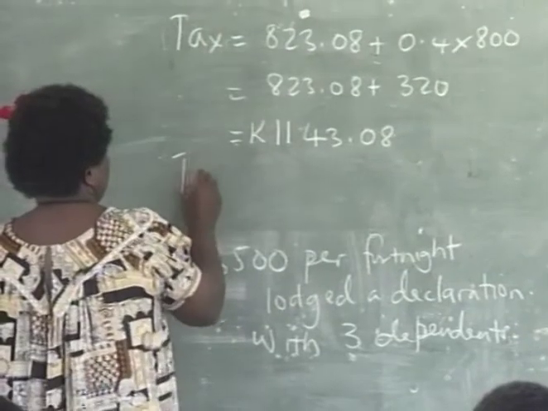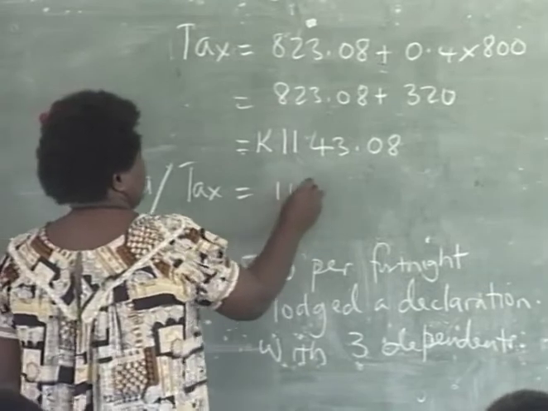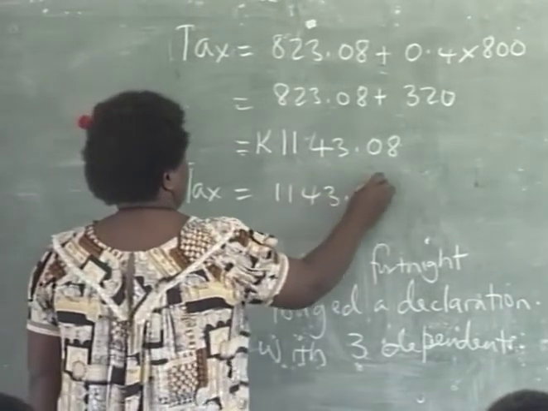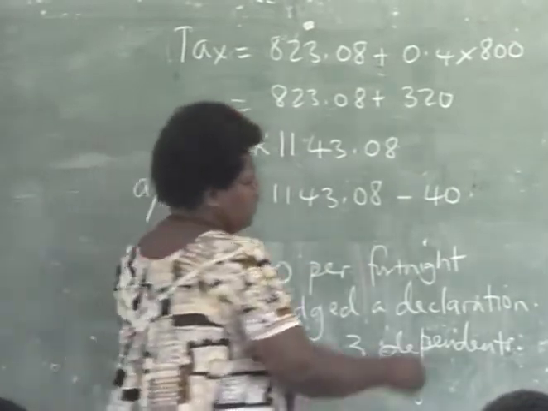So her actual tax is going to be 1,143 kina, 8 toya, take away 40 kina, 38 toya.